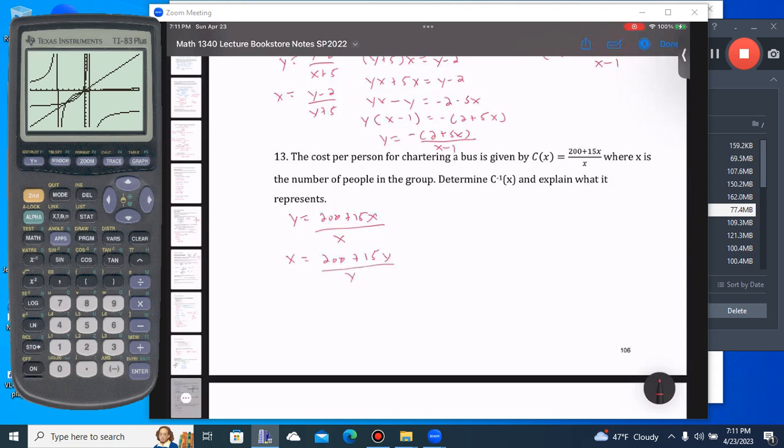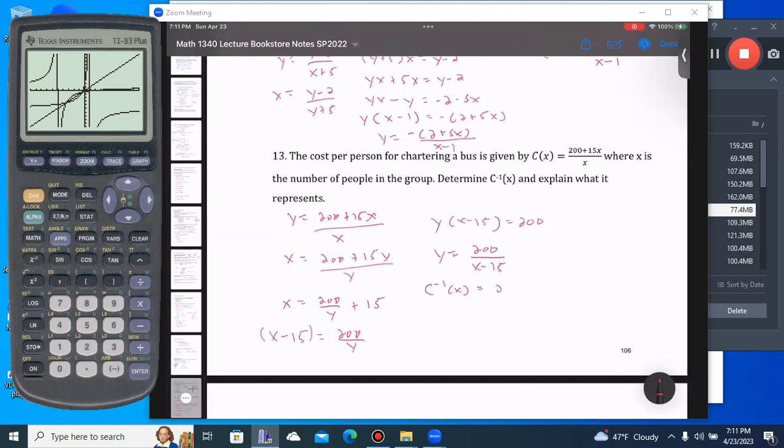Now we'll solve this for y, so we get 200 over y plus 15. Subtract the 15 over, and multiply by y, and then divide by x minus 15. Okay. And so your inverse of this cost is 200 over x minus 15.